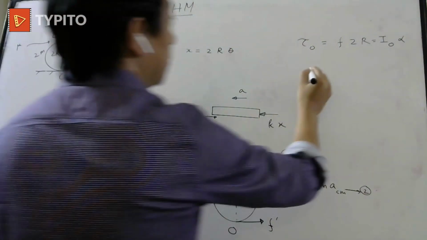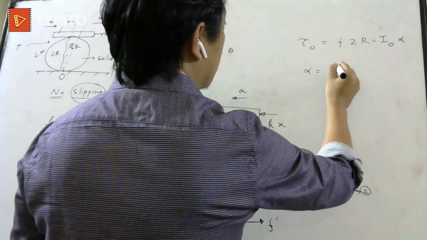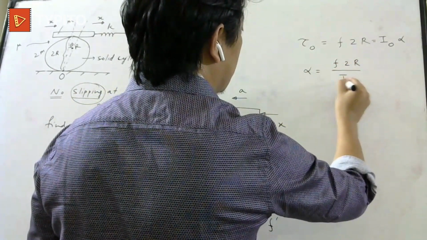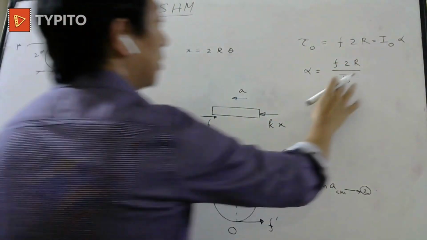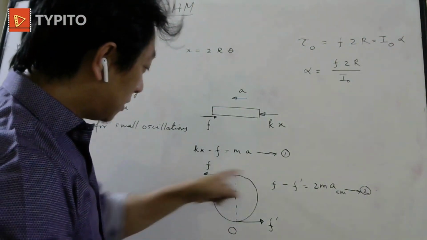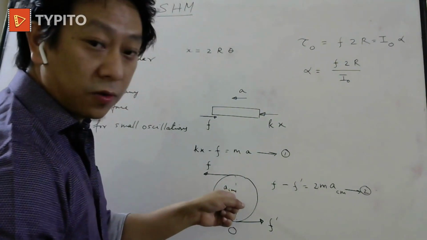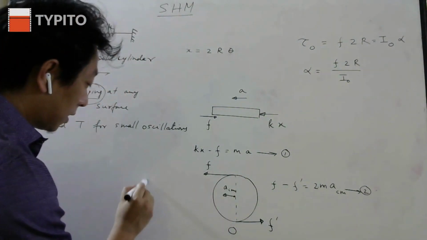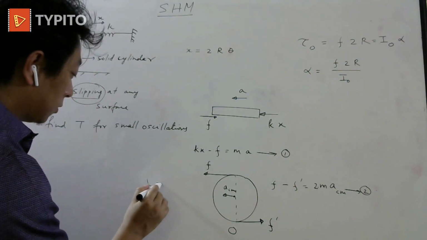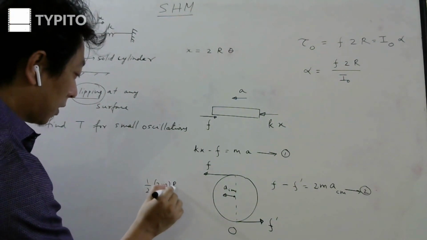Okay, so alpha will be friction into 2R divided by moment of inertia about O. Moment of inertia about O, what will be moment of inertia about this axis? Since this is a cylinder, about this axis we know the moment of inertia. Half mass of the cylinder, which is 2m, so half mass into R square.